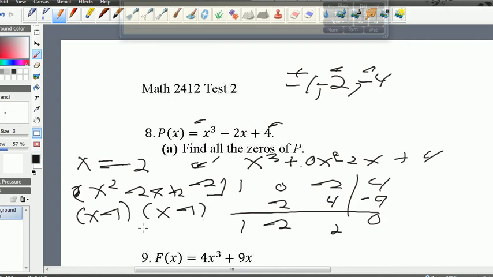So that gives me x equals 1 as a solution also. x squared minus 2x plus 2 equals 0. So that's x minus 1, x minus 1. So that gives me x squared minus x minus x minus 2x plus 1.